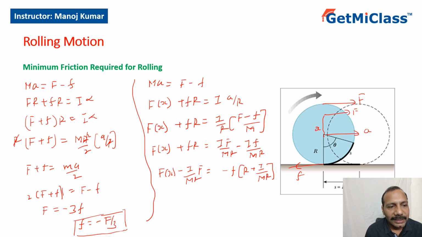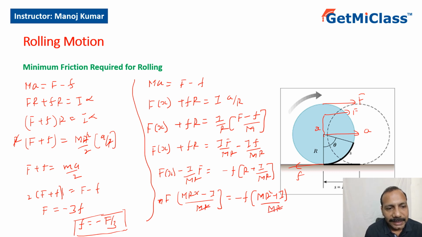If I want f, this can be further written as f into, I'll take out the negative sign, MR, I by MR. So MR into x minus I by MR equal to, of course we don't have minus F here, minus f into MR square plus I by MR. I can cancel this MR and MR. Now what am I left with?